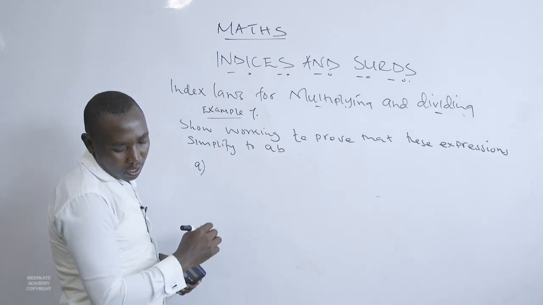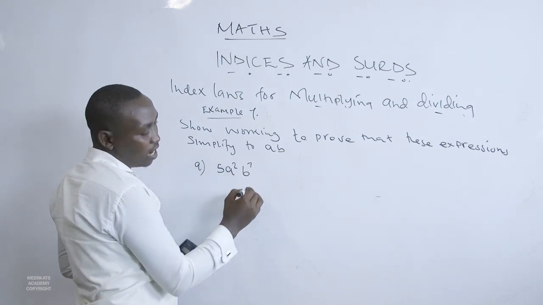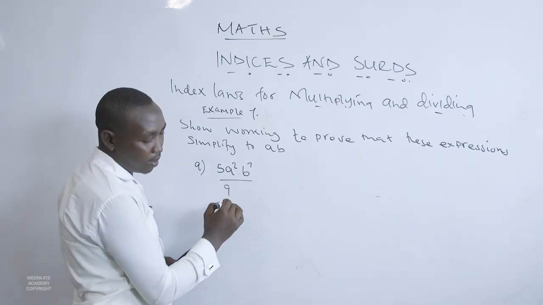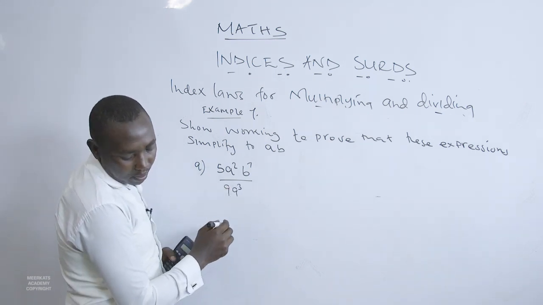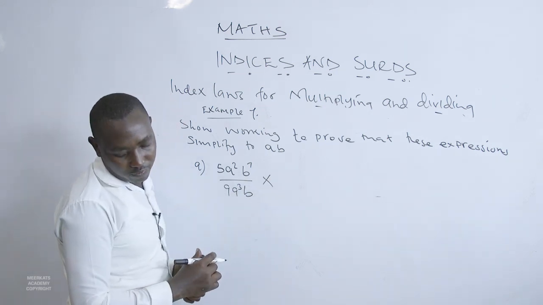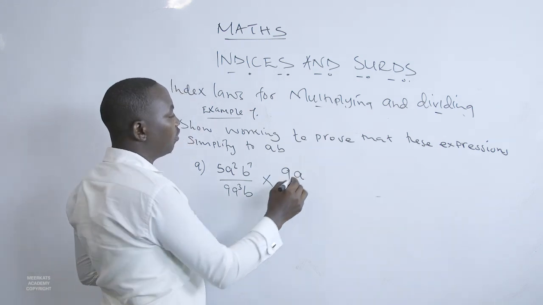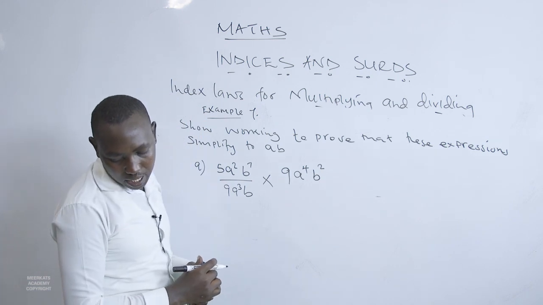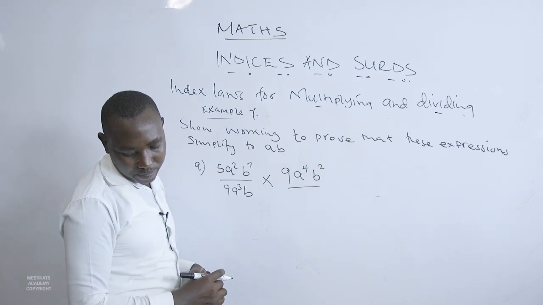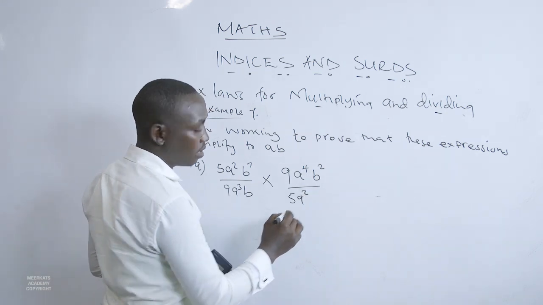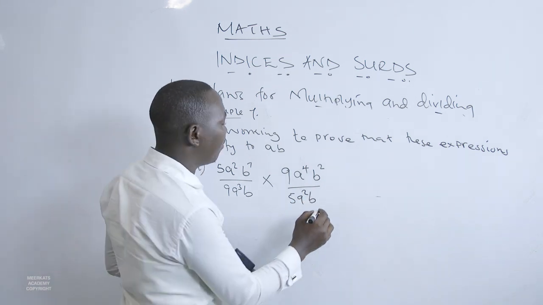The first one, we have 5a squared b raised to 7 all over 9 a cubed b. The whole of this is being multiplied by 9 a raised to 4 b raised to 2. All of this divided by 5a squared b raised to 7.